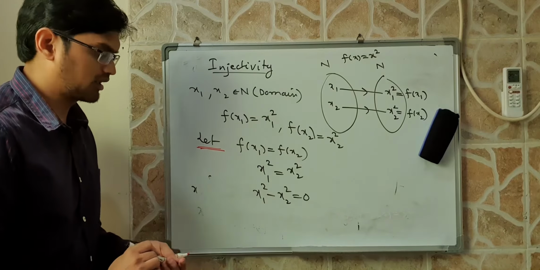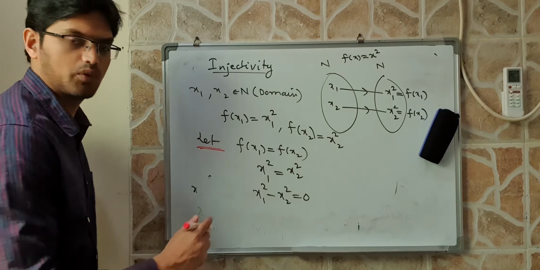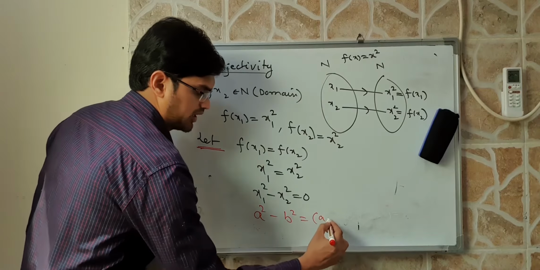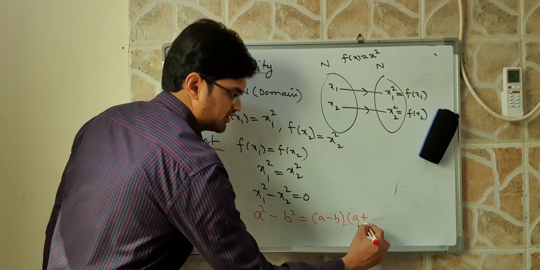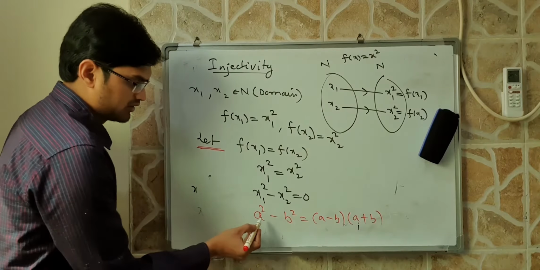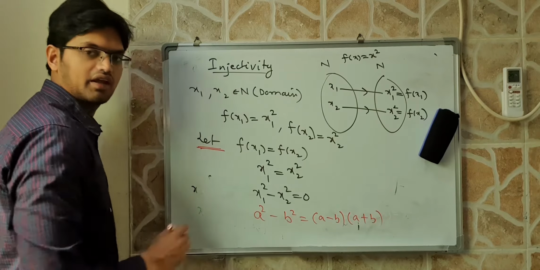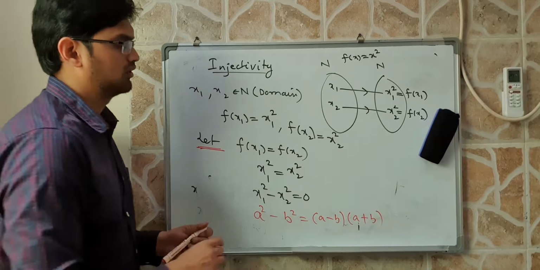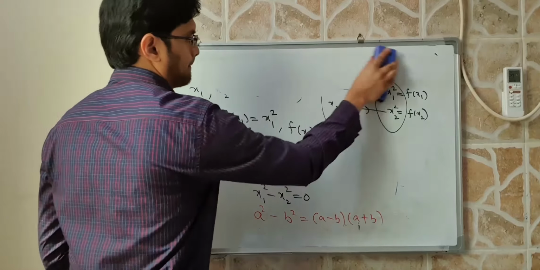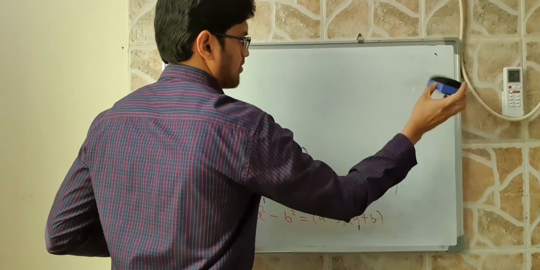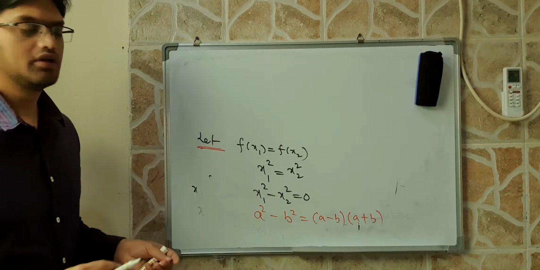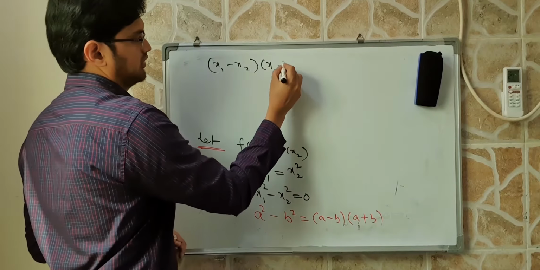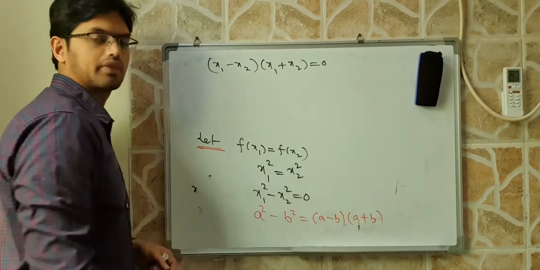You can compare this with a square minus b square, which is equal to a minus b into a plus b, the identity. So in place of a we have x1, in place of b we have x2. So it will become x1 minus x2 into x1 plus x2 equal to 0.